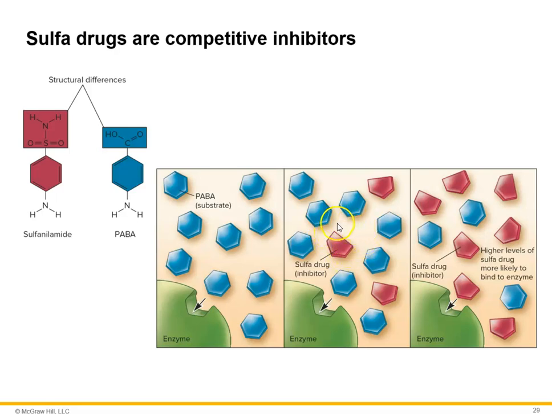You can tell it's definitely not the same molecule, but it can fit into the enzyme at the active site. So the sulfa drug, the inhibitor, is competing with the substrate for this active site. And again, when this inhibitor binds to the enzyme, it can't make any product from it. So in effect, it shuts down this step of the metabolic pathway.